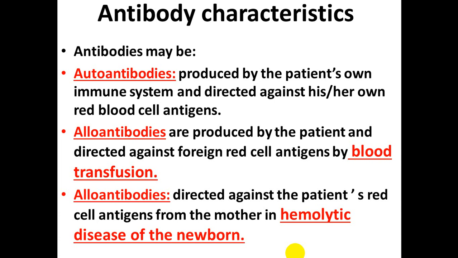Alloantibodies are produced by the patient and directed against foreign red blood cell antigens, as in blood transfusion. Also, alloantibodies directed against the patient's red blood cell antigens from the mother occur in hemolytic disease of the newborn.